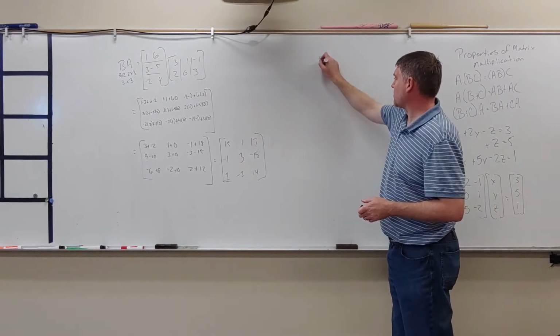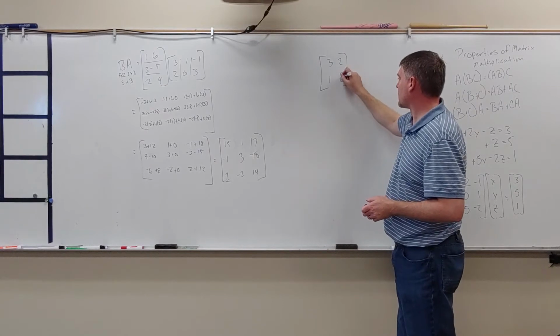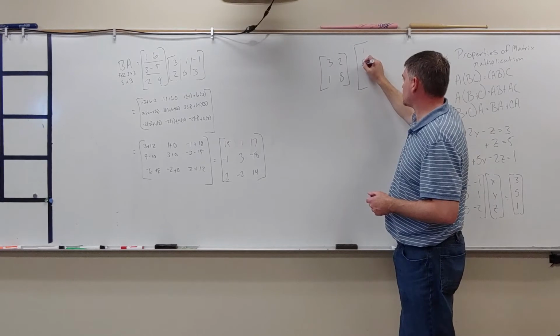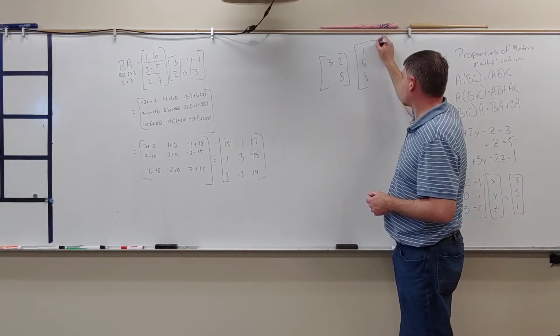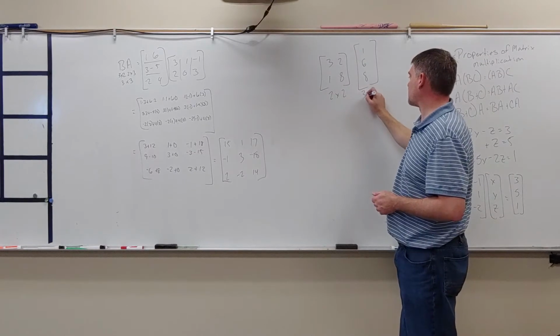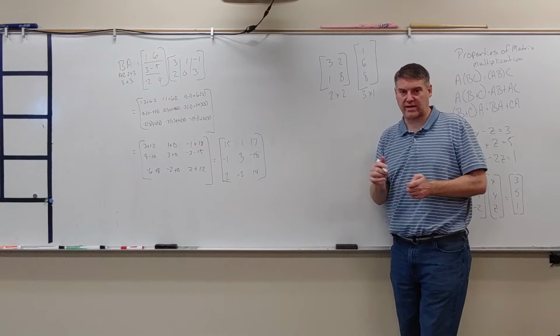I have a matrix here of 3, 2, 1, 8. And then I have a matrix here of 1, 6, 8. Okay? So this is a 2 by 2. This is a 3 by 1. I can't multiply those. There's no answer there.